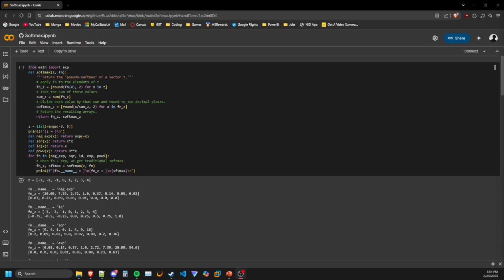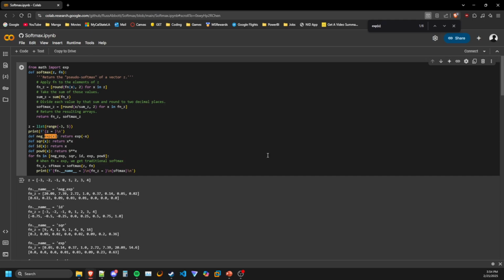So, what happens if exponentiation, or in our case, exp, is replaced by other functions? If we look through the code, what if exponentiation of x gets replaced by something like id of x?